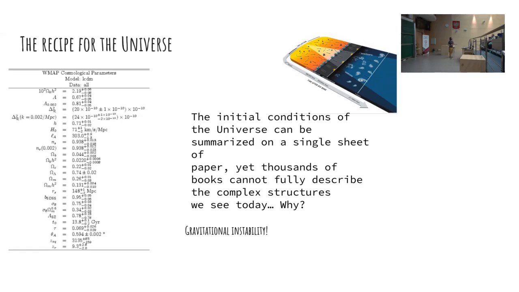Why? Well, the answer is gravitational instability. That's the main driving mechanism in the universe, as far as we understand, that takes the early primordial fluctuations, which are very tiny, and given time, because gravity is very patient, in an expanding background, it creates all these magnificent structures.